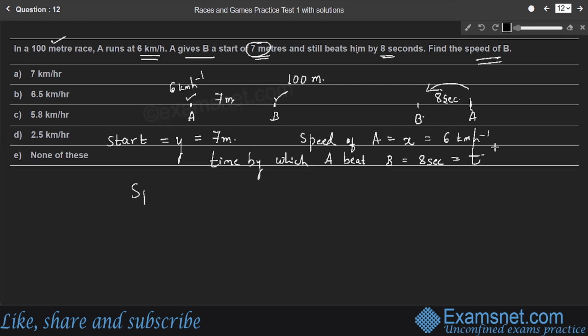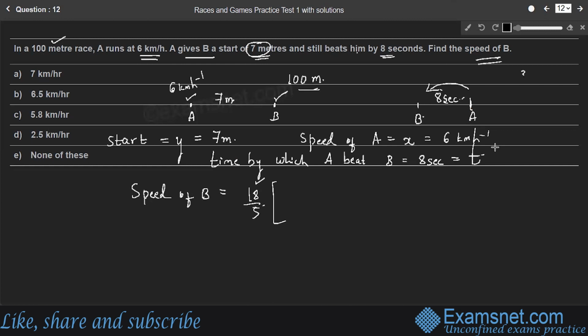Therefore, speed of B can be calculated using the formula 18 by 5, since the time is in terms of seconds, right? And the distance is in terms of meters, right? We use it to convert the speed in terms of kilometer per hour. So we have multiplied it by 18 by 5, right?